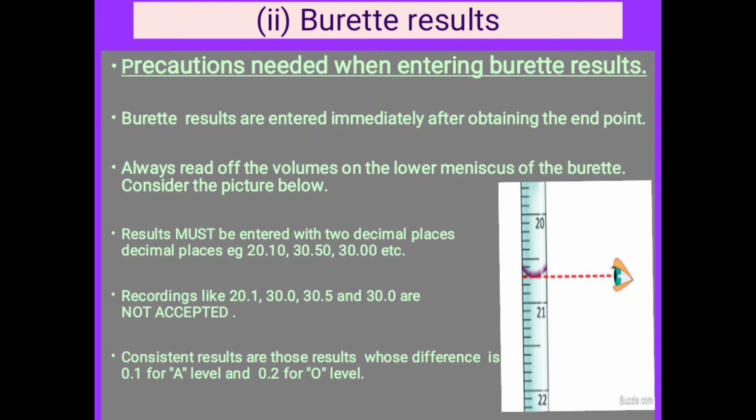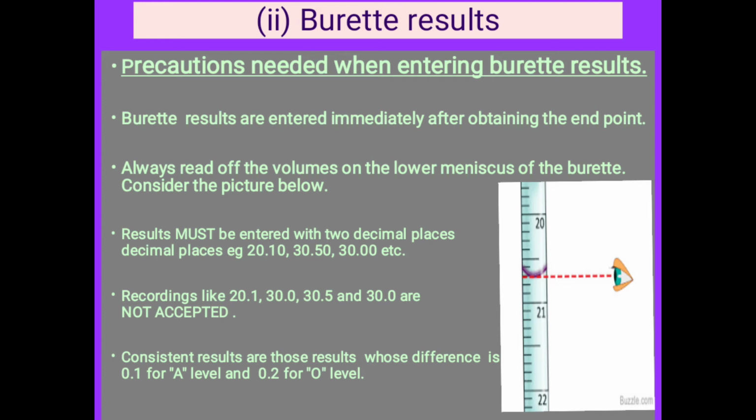So the degree of error for A levelers should not be beyond 0.1, while for those in O level, the degree of error should not go beyond 0.2. So that's how we identify the consistent results, which means these results must be close to each other.